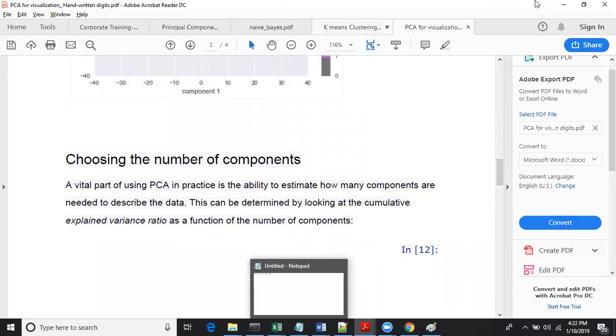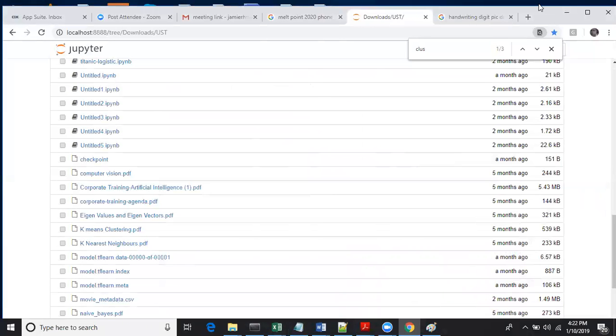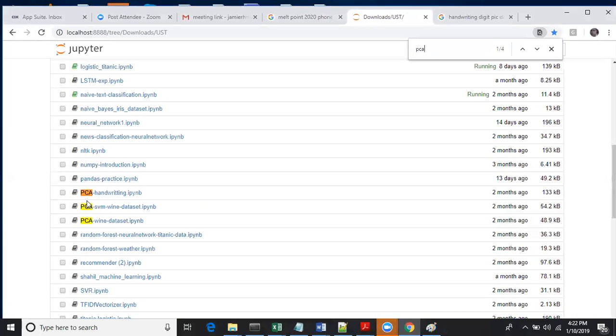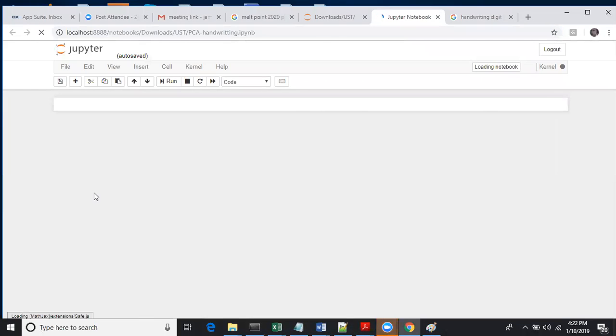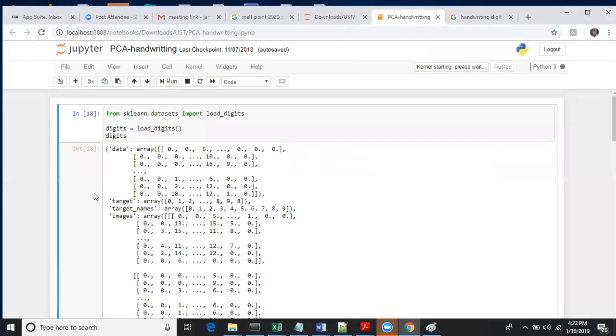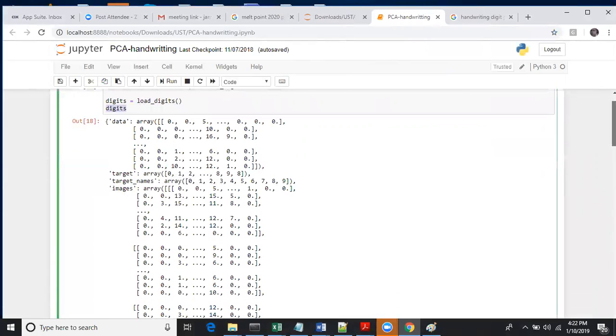Let's see from the example. I'll go to the sklearn.datasets, import load_digits, and then if you print out load_digits, this is the data, and this is the target.